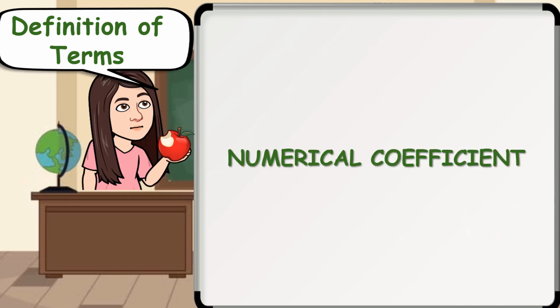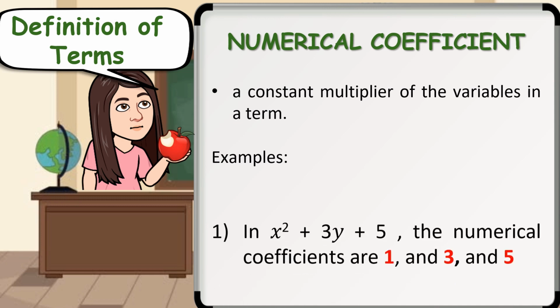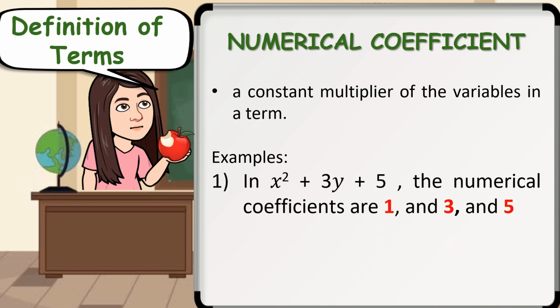Numerical coefficient. It is a constant multiplier of the variables in a term. For example, in x squared plus 3y plus 5, the numerical coefficients are positive 1, positive 3, and positive 5.